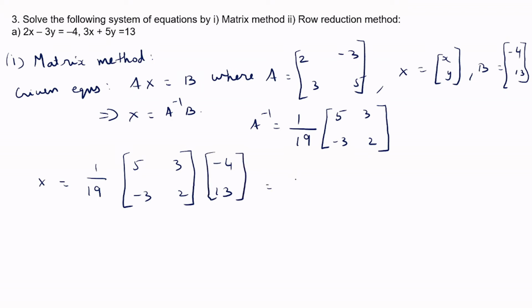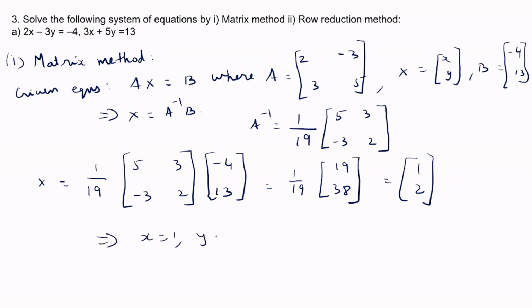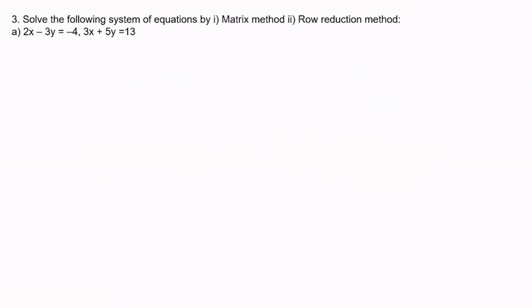So this is equal to 1 by 19 into minus 20 plus 39, 19, then 12 plus 26, 38. So this is equal to 1 and 2. So from this we can see that X is equal to 1 and Y is equal to 2. So this is with respect to matrix method.